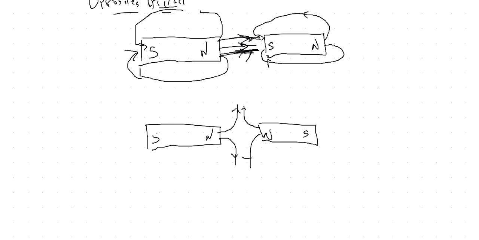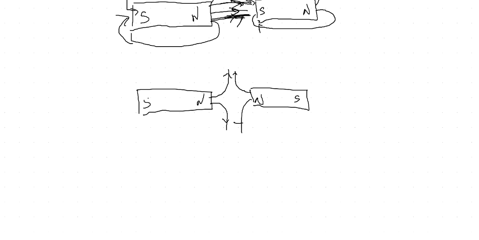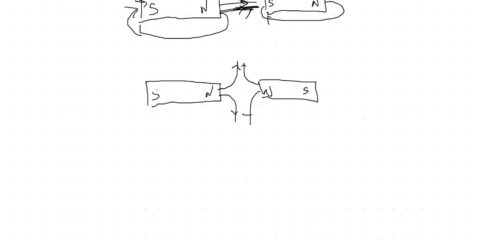Now if we want to do two south poles, again, it would be the same exact picture. Here I'd put a north, and here I'd put a south, and here I'd put a south, and here I'd put a north. Again, these lines look the same. They come like this.